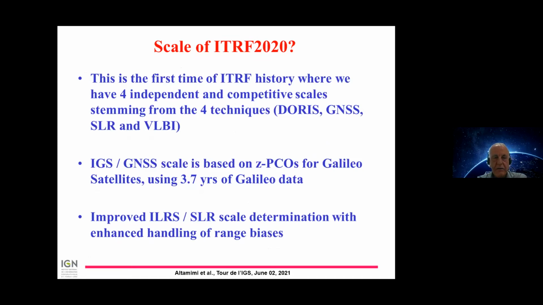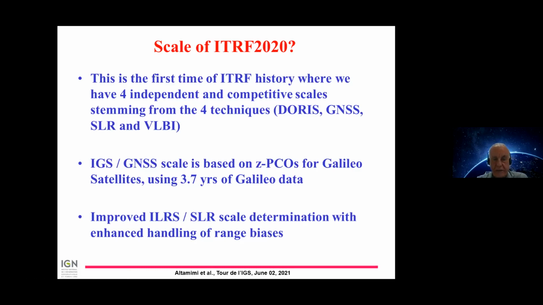And at the beginning, nobody wanted to believe that, and I was blamed for not just fixing to zero the scale of VLBI and SLR by magic, because these two techniques give by nature the same scale, which was completely wrong, because we know that each technique has its own systematic errors.